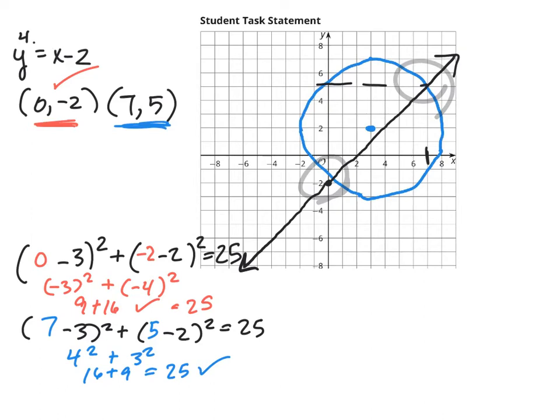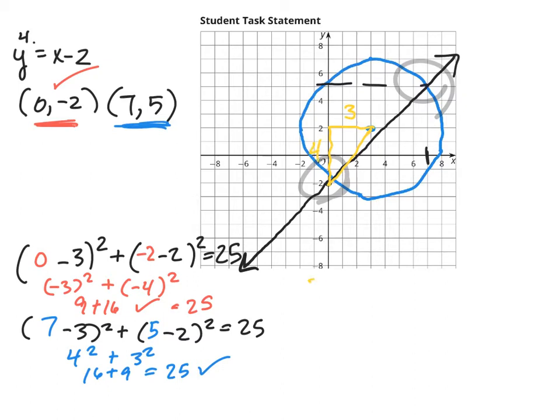For some of you that may want a little extra added information, I could also verify that that point is 5 units away from the center of the circle using the Pythagorean theorem. So that is 3 units. 1, 2, that is 4 units.